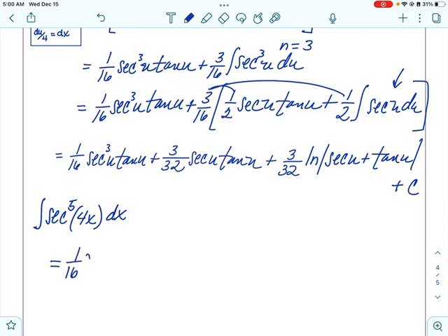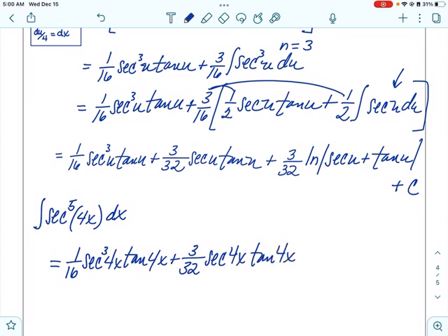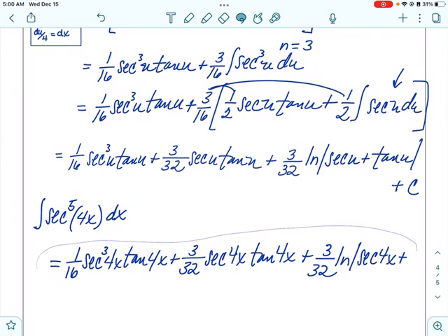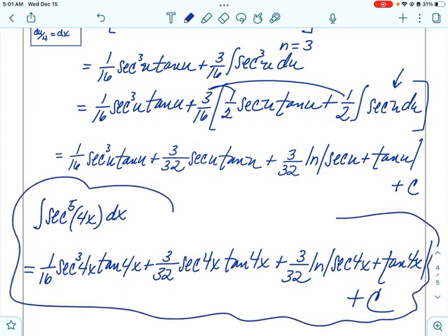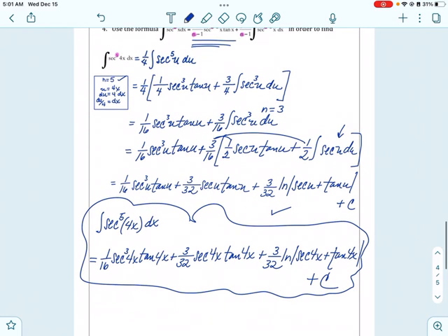So it's 1 over 16 secant cubed of 4x tan 4x plus 3 over 32 secant 4x tan 4x, and then it's plus 3 over 32 ln of the absolute value secant 4x plus tan 4x, and plus the old arbitrary constant c. Okay, and there you have it.